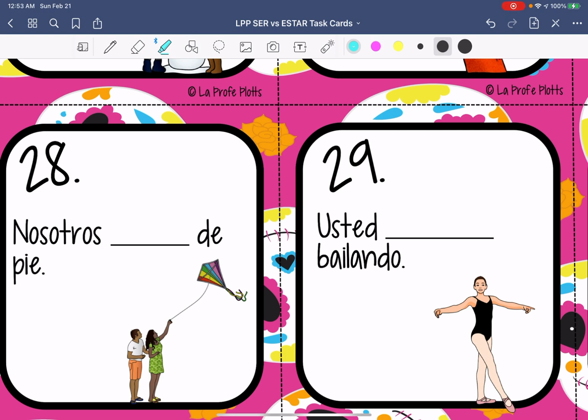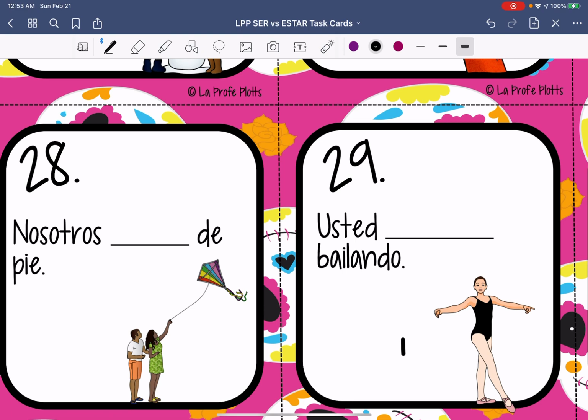This one's a little bit confusing, so I just want to explain it a little bit. If the word pie means foot, and the word de means of, that can look weird in English if you translate it literally.